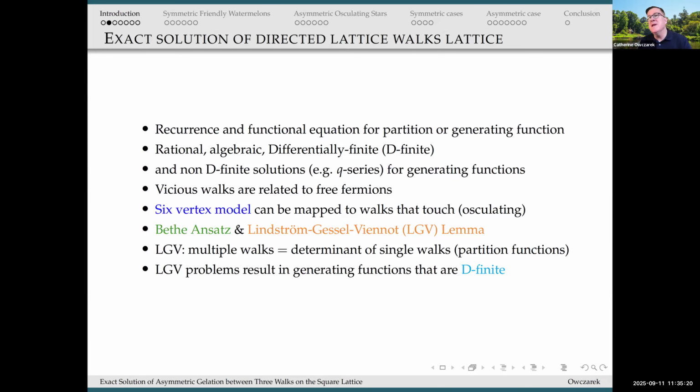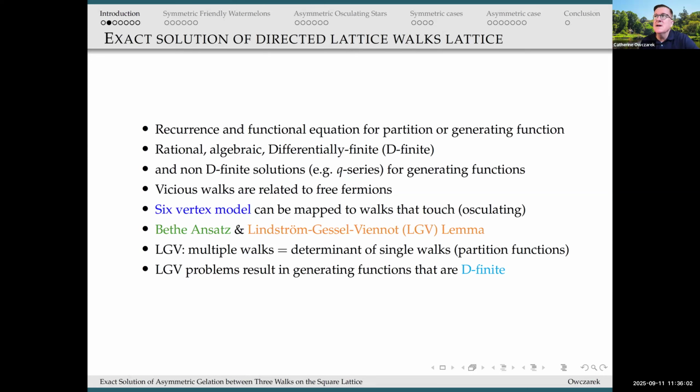It does relate to problems that you may be more familiar with in traditional lattice models, such as the six-vertex model. I'm going to tell you about three different underlying models, and one of them is so-called vicious walkers, which was previously studied. That's not the focus of today's talk, but that's related to free fermions. And there's actually a deep connection between a theorem in probability theory and combinatorics called the Lindström-Gessel-Viennot lemma, and the Bethe Ansatz.